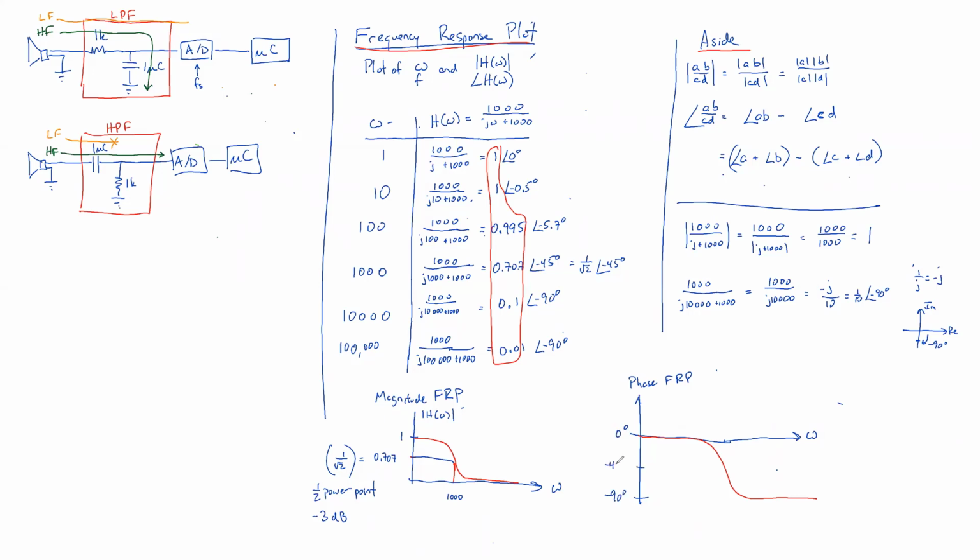And at -45, that corresponds to 1,000, which is our cutoff frequency for both. And that's how to calculate the frequency response plot given a circuit.